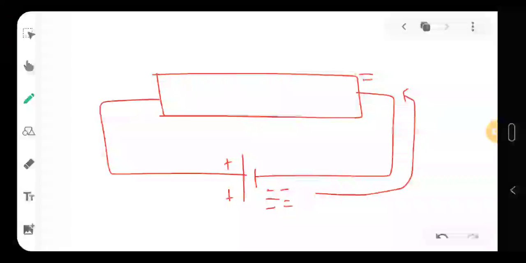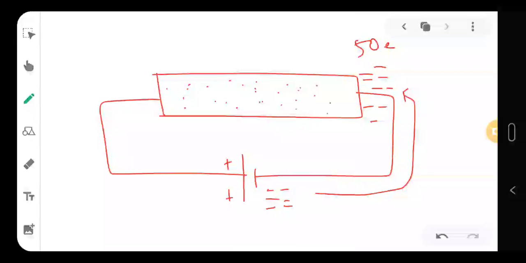The electrons are accumulating here. Let's say here we have 50 electrons, but because of the crowding, or the resistance in the conductor, only 20 electrons have come to this side, and more are coming.